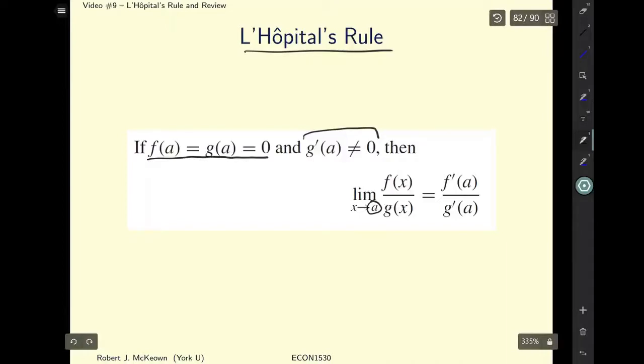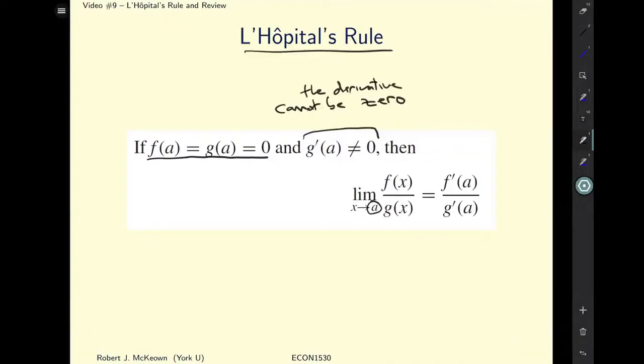We also have to have the derivative of the denominator not be 0. So it's not going to work if the derivative is equal to 0. Certainly not in the denominator. We definitely don't want the denominator going to 0. And you can see it's g here. So we don't want that denominator going to 0.